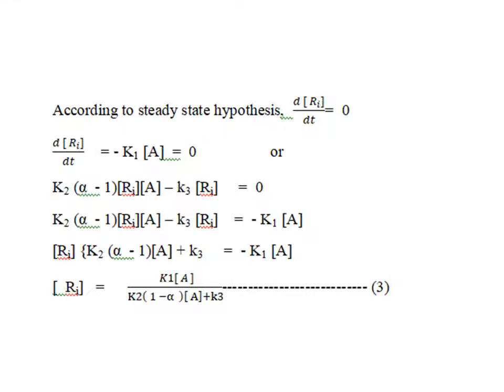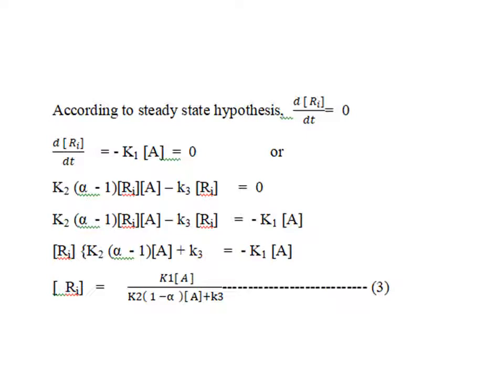Dear students, according to the steady state hypothesis, dRi over dt is equal to 0. That is, the rate of change of Ri with time is 0. That is dRi over dt equal to minus K1 A equals 0.